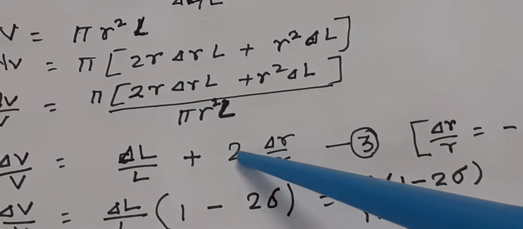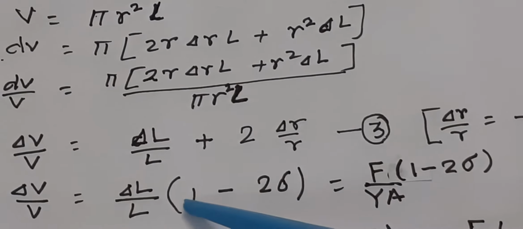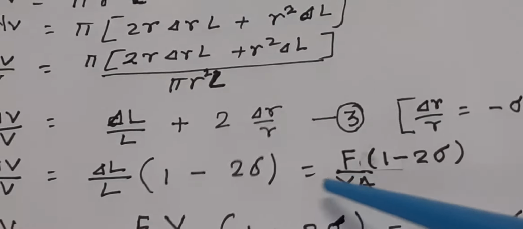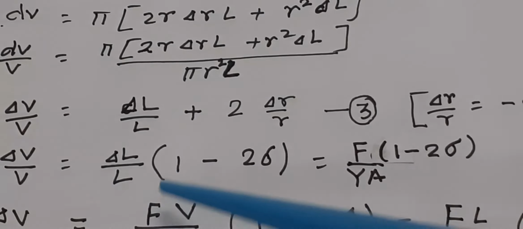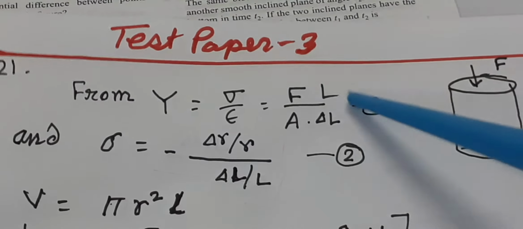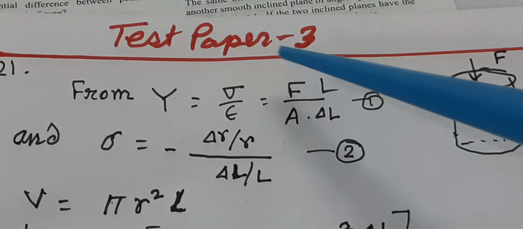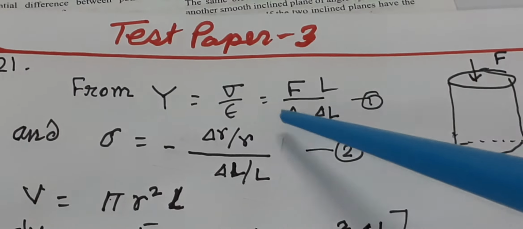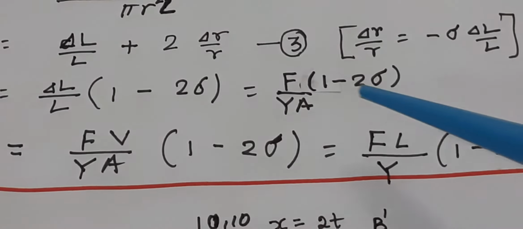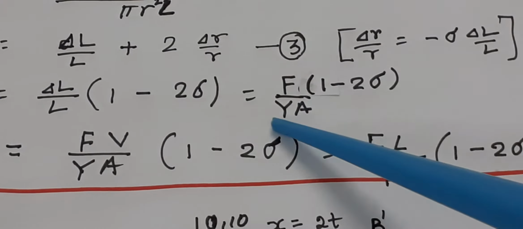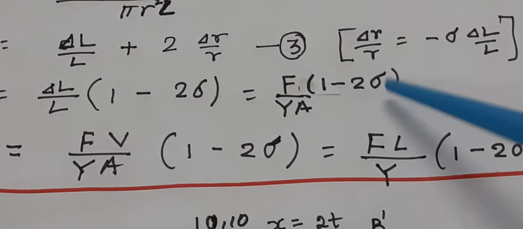Already 2 is here, you can see the 2 sigma will come, 1 minus 2 sigma will come. Now from delta L by L, we can substitute from the first equation: force divided by Young modulus into area, within bracket 1 minus 2 sigma.